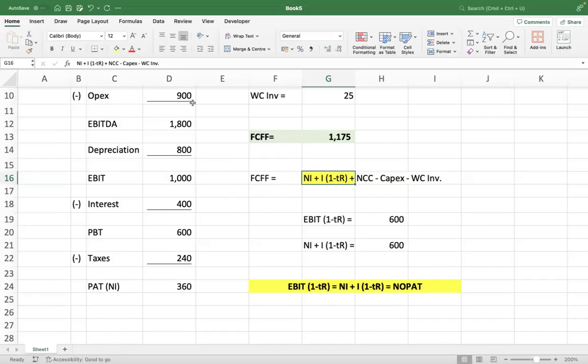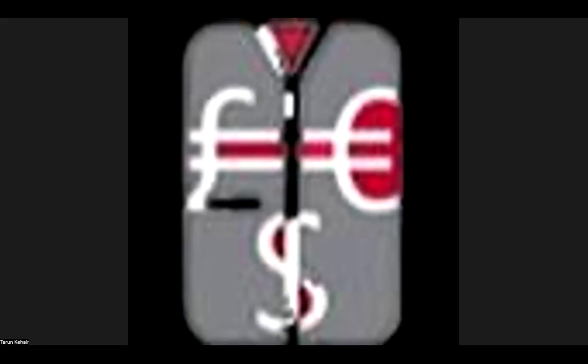So you will have two distinct phases of valuation: value of the business within the forecasting period and value of the business beyond the forecasting period in present value terms. You will then add both of them to arrive at the value of the business. Okay, so that was about free cash flow to the firm and its applicability in the valuation of business.